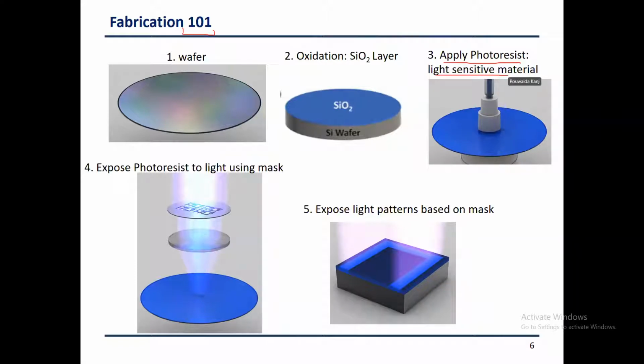Now the thing is that if I have my wafer layer, okay, this is my wafer, and then on top of the wafer I will have the insulator material everywhere. This is the oxide, and then on top of this I will have a layer of photoresist. So this layer of photoresist will be here.